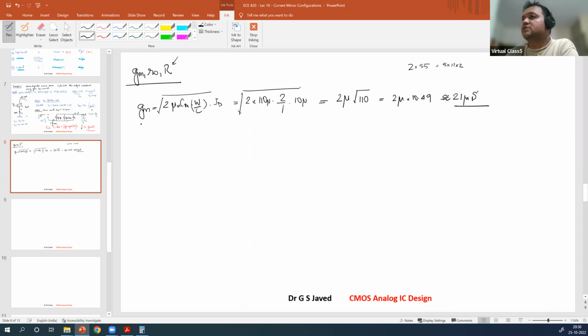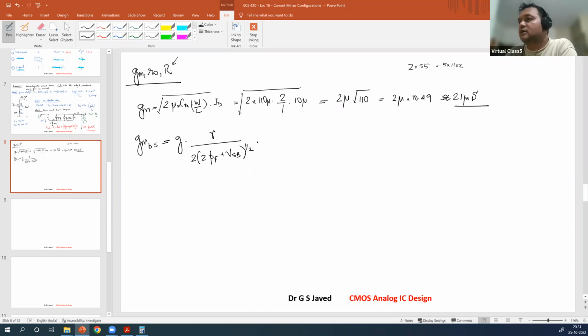Next, after GM, we will find out GMBS. GMBS is given by GM times gamma over 2 times 2πf modular plus VSB, and the whole thing under root, right?